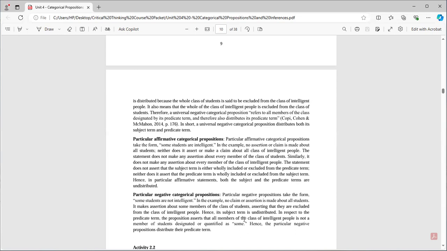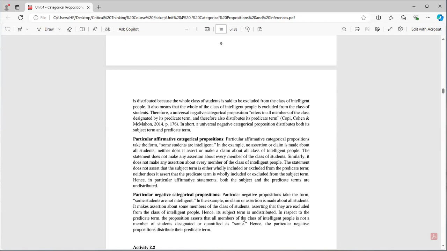And then particular negative proposition. Some students are not intelligent. So with this one, the subject class is not distributed. But not intelligent, all intelligent people are not in the class of students.